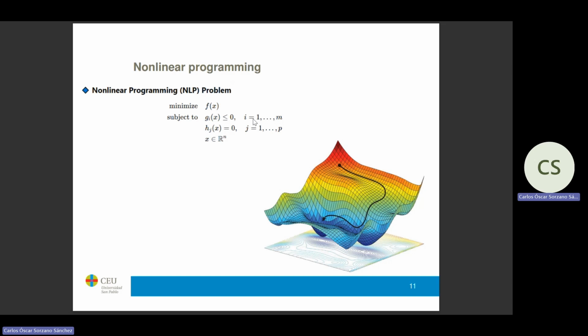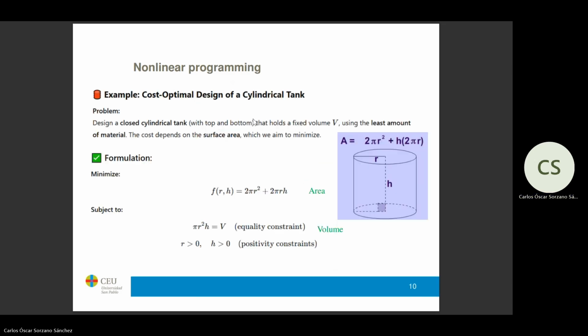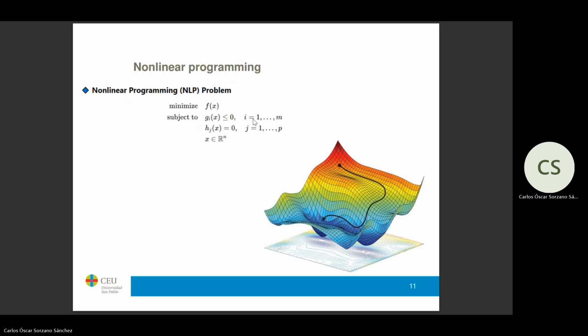So for every R and H, you would have a given area. So you can draw that area. This is not the drawing of the area, this is just some fun function that is beautiful. But then the thing is, there must be a global minimum. And can I find the global minimum?